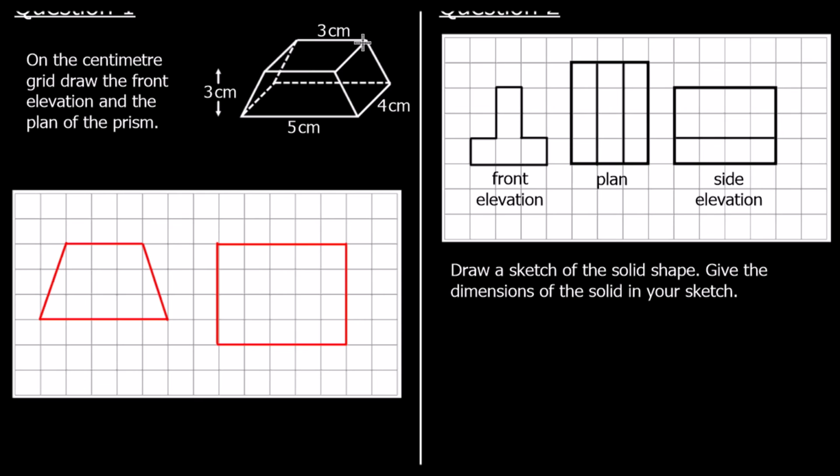So we've got a 3 by 3 centimeter square, and then 2 slanted bits going down. So this is our plan. This is our view from the top. And this is our front elevation, the view from the front.